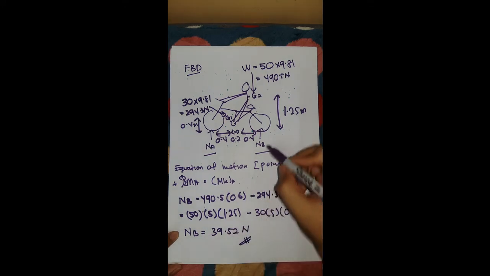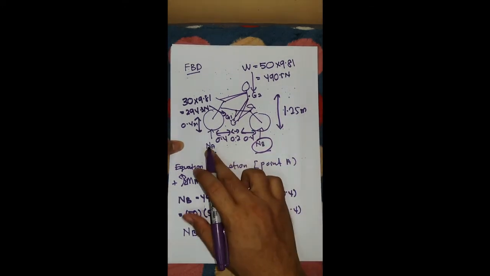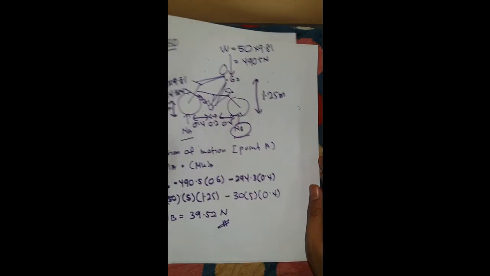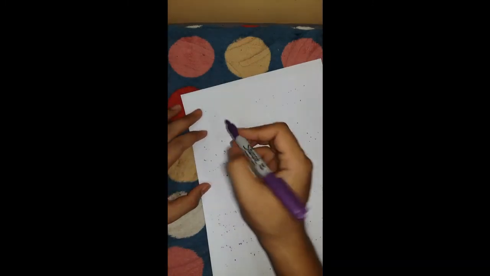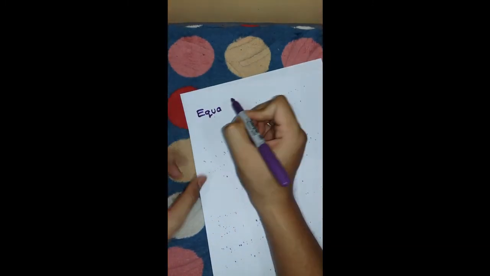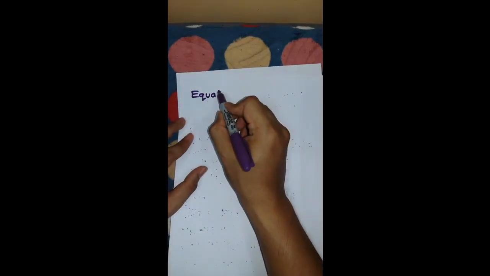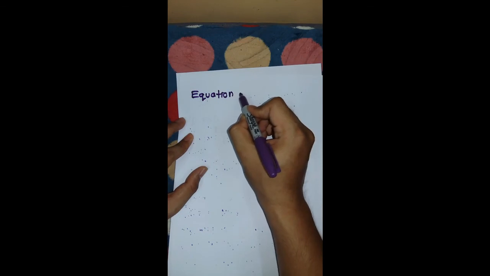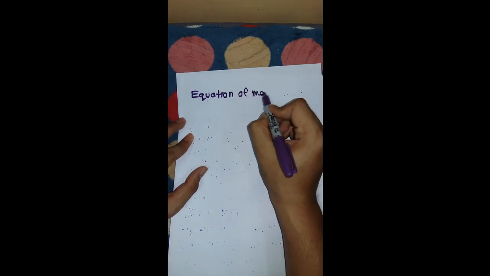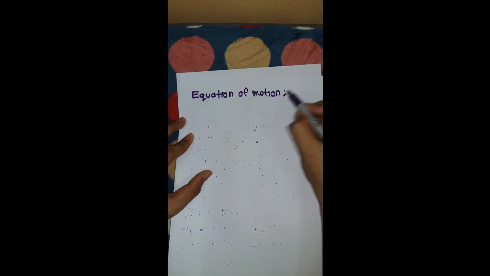So you got the back wheel. So for the front wheel, you will use equation of motion at y-axis.